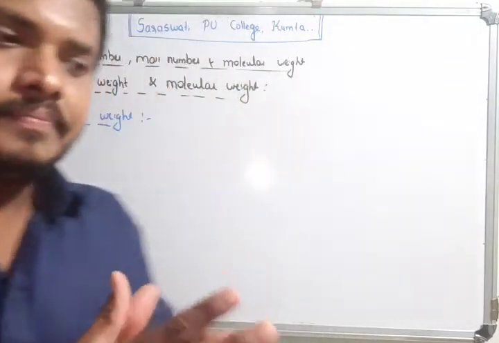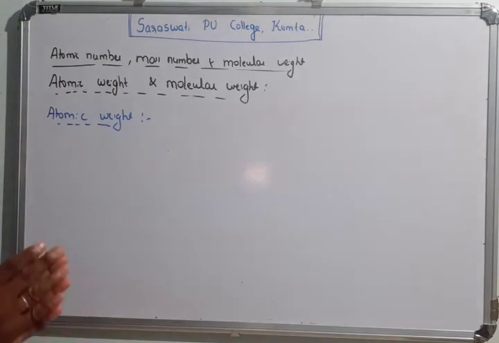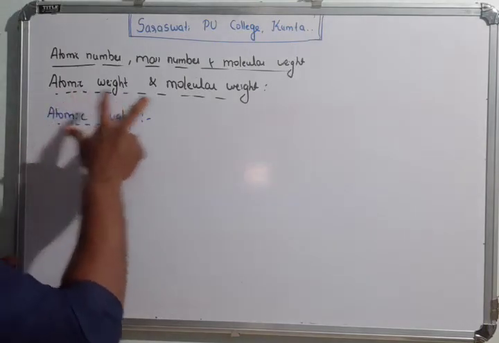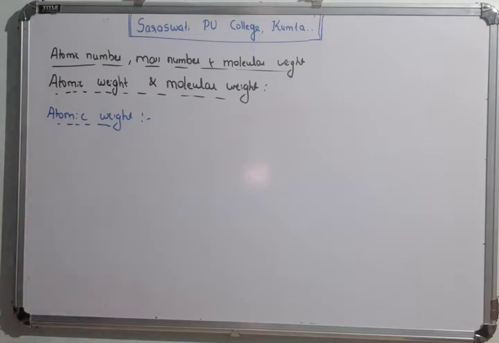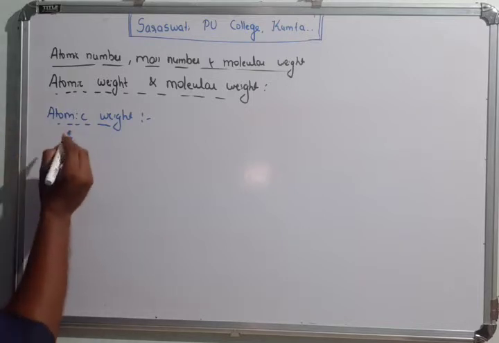Students, after learning about atomic number and mass number, let's try to learn atomic weight and molecular weight, especially atomic weight. How it is a little different from the mass number, that also we'll try to understand. First of all, I'll write the definition here. What do you mean by atomic weight?